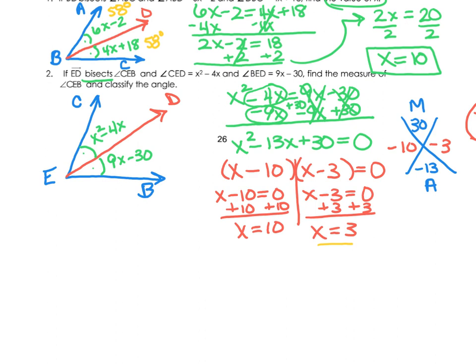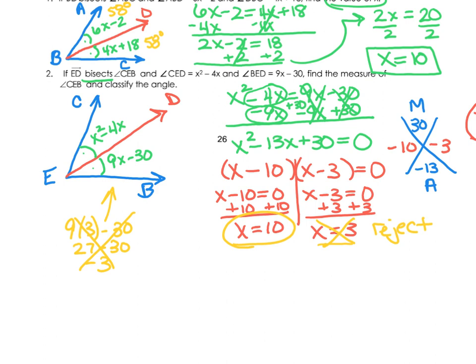If I plug into this expression here, this becomes 9 times 3 minus 30. That's 27 minus 30, which is negative 3. And in this geometry class, we will not have any negative angles. Therefore, I now have a reason to reject this answer of 3. And so I'm going to hope that x equals 10 is my correct answer.